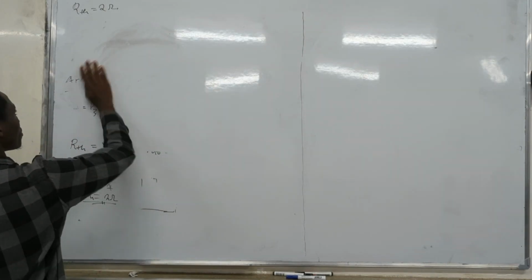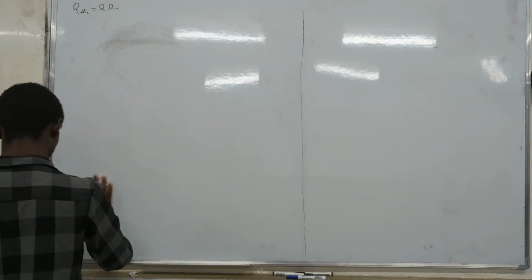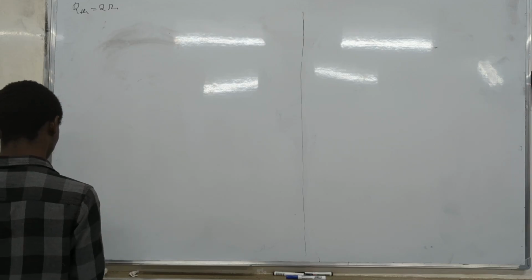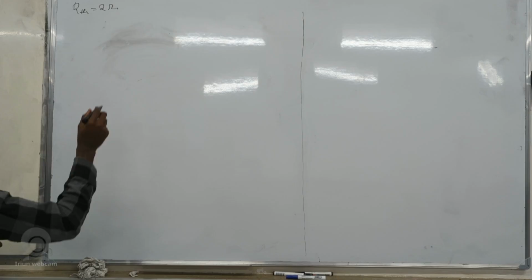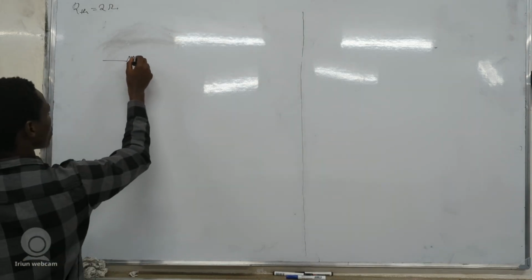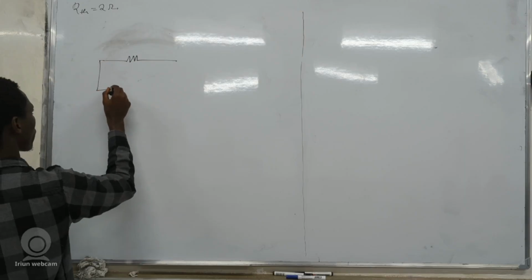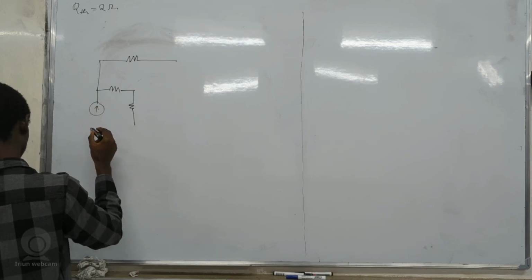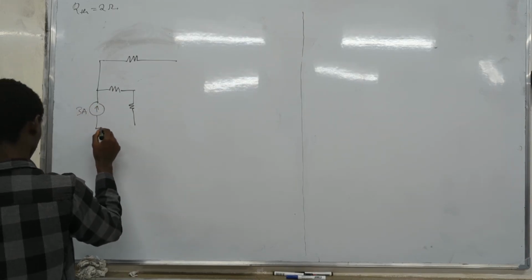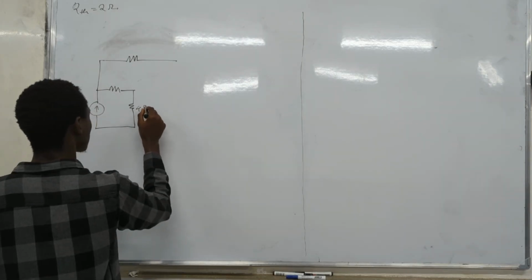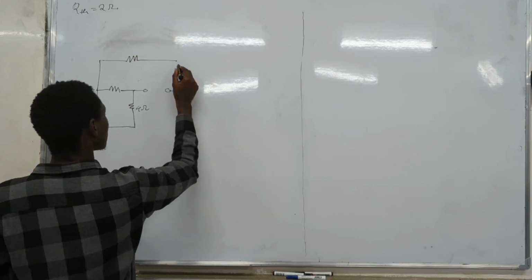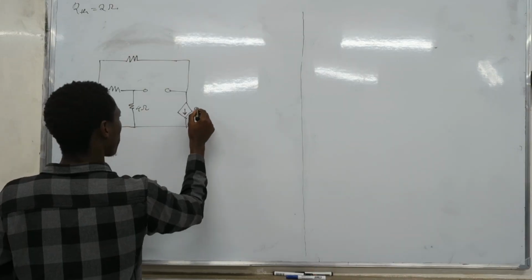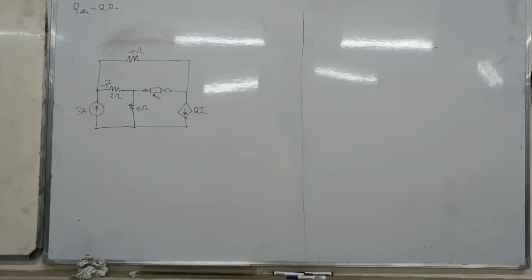So we go back to our circuit. Before we removed the source, we had simplified the circuit to this. This is how we had simplified it.